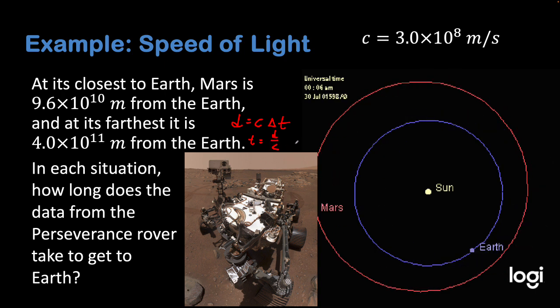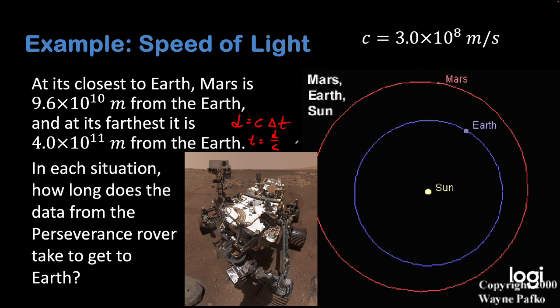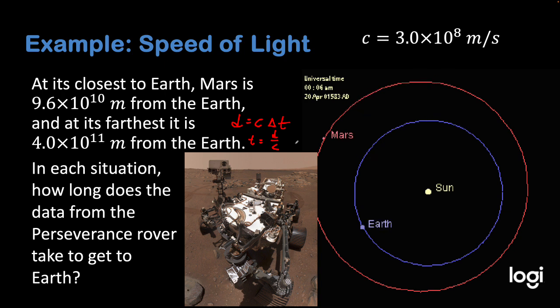And if we know the speed of light is always going to be 3 times 10 to the 8 meters per second, then the time it'll take is 9.6 times 10 to the 10 divided by 3 times 10 to the 8, that's 320 seconds in that case.